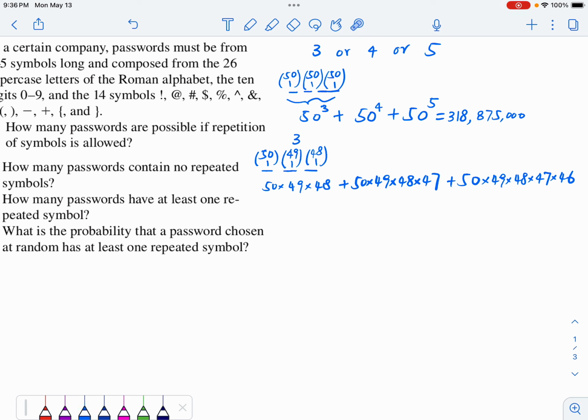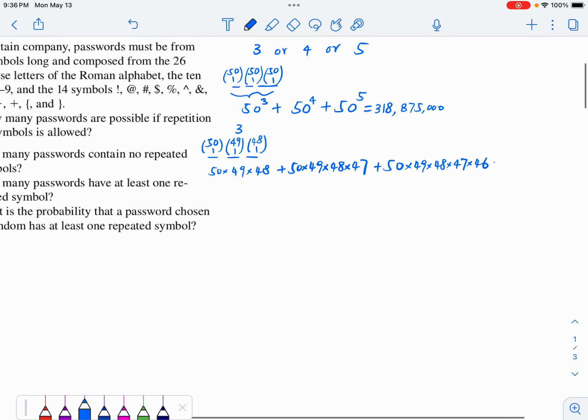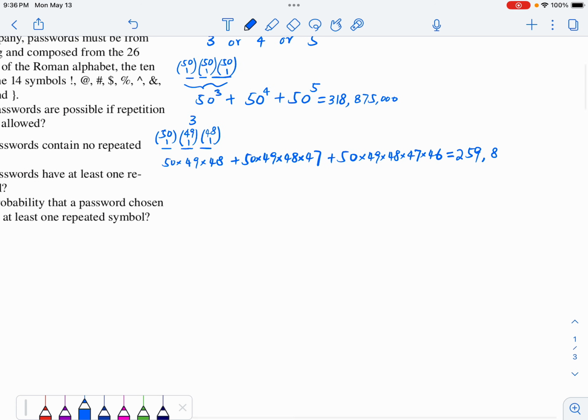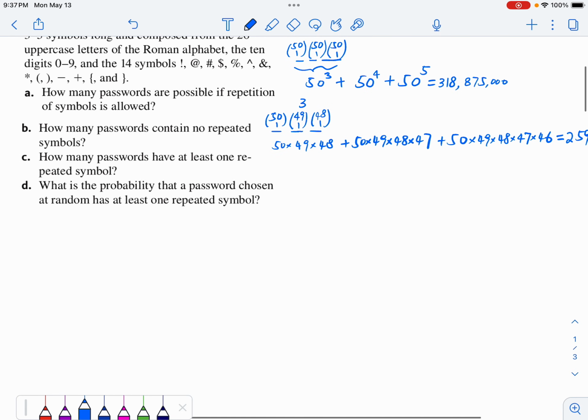There are 1, 2, 3, 4, 5, yes. Okay, so this is for part B, and if you do the arithmetic, it is 259,896,000 possible ways to form such passwords, with no repeated symbols.